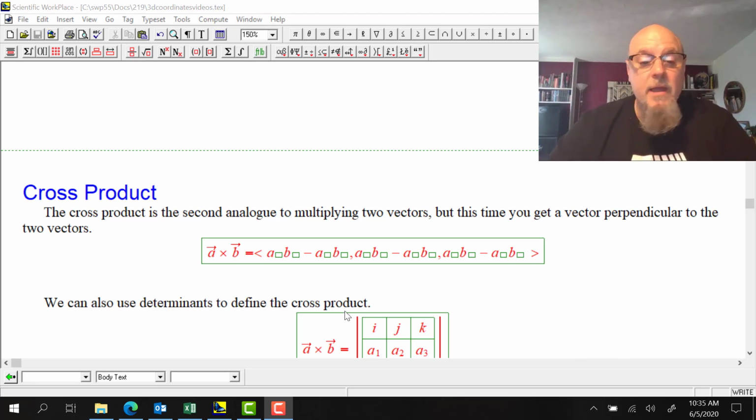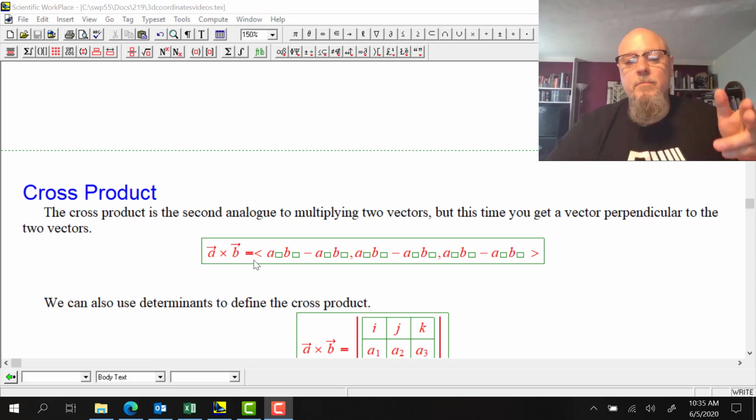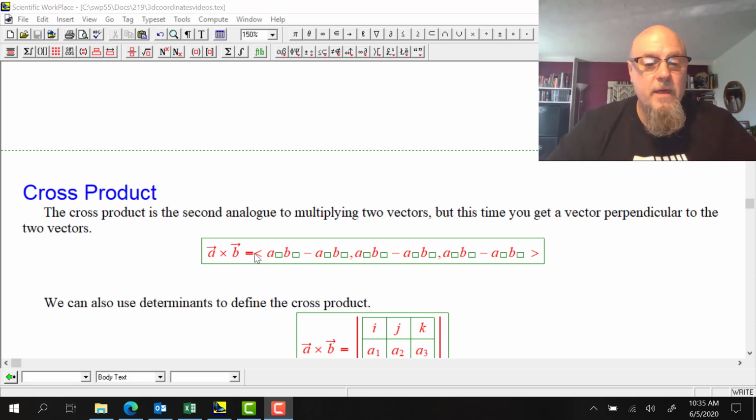It's like multiplying. When I take vector A cross vector B, here is our formula component-wise. I had to finish it off here. They're all AB minus AB, AB minus AB, AB minus AB.